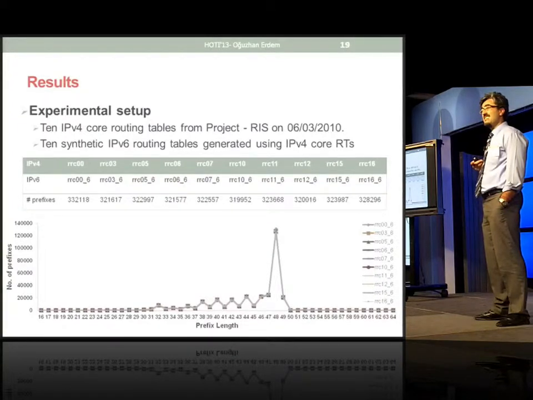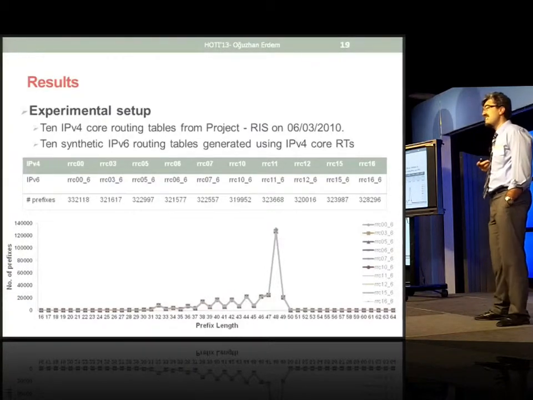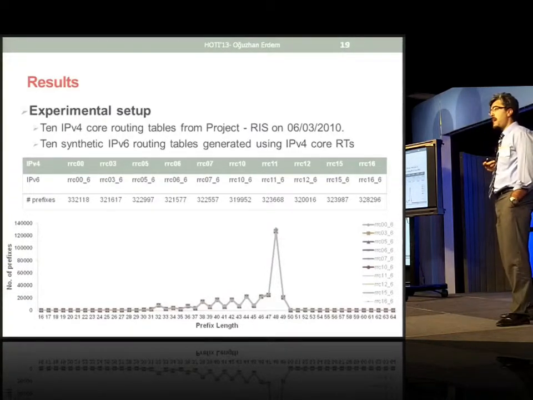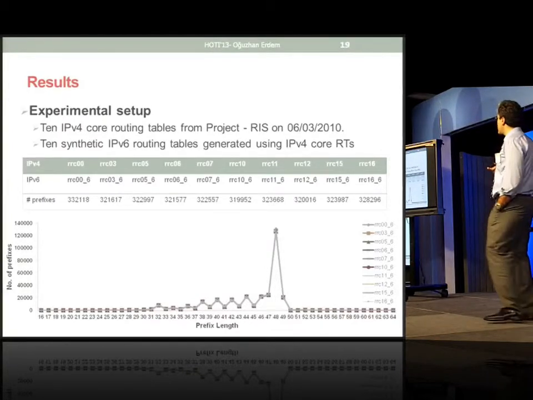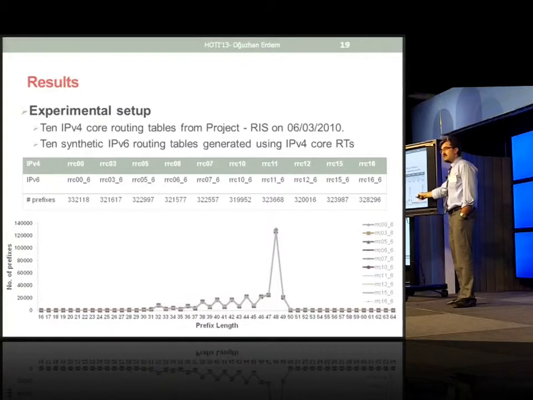Right. Now, my question, I understand that part. My question is, the distribution that you're showing here, the number of prefixes with the prefix length, is it based on some research, like you looked at some ISP distribution, or is that a paper you're referencing? No, actually this is a replica of the IPv4 distribution.